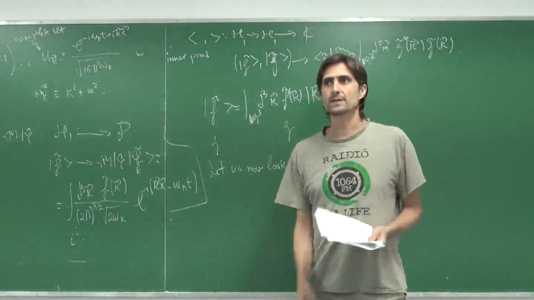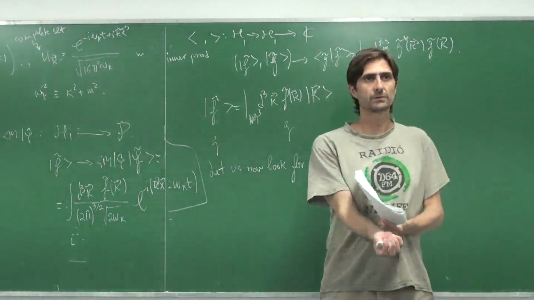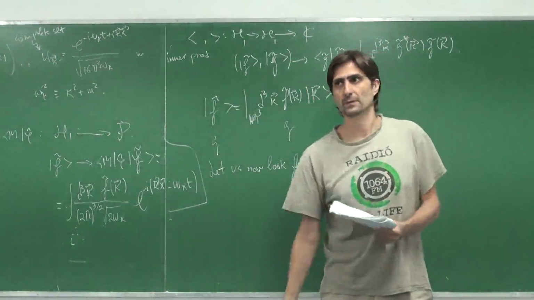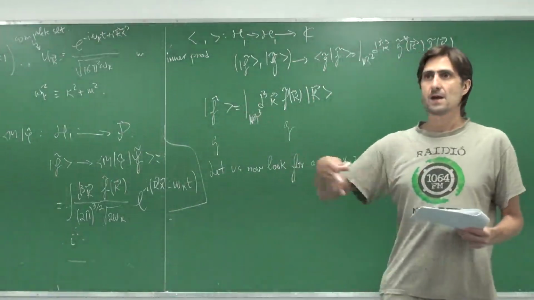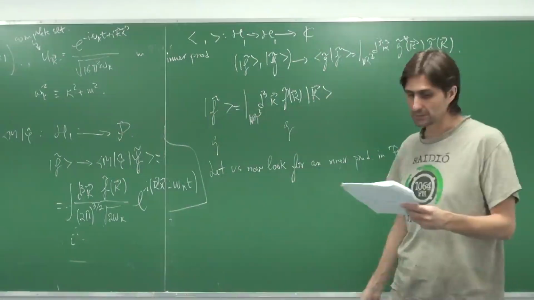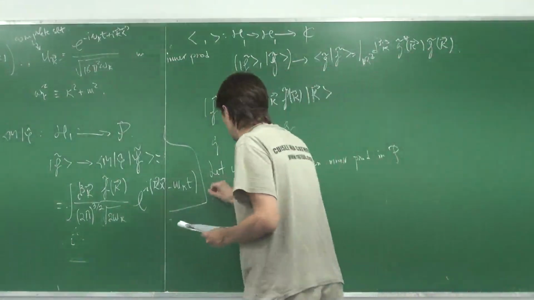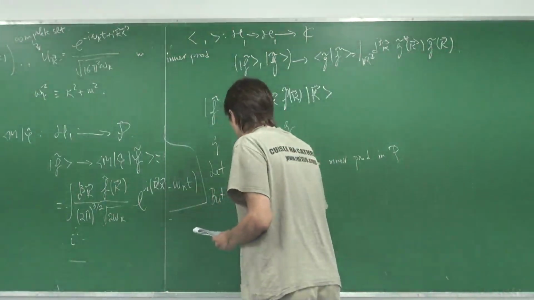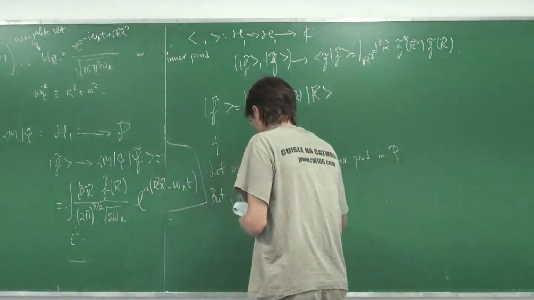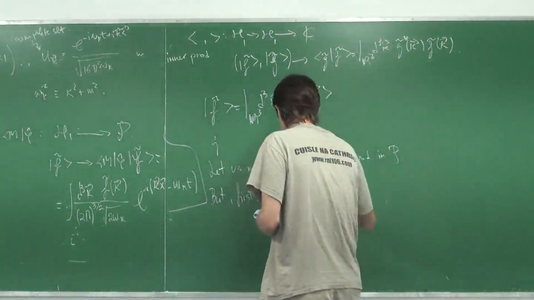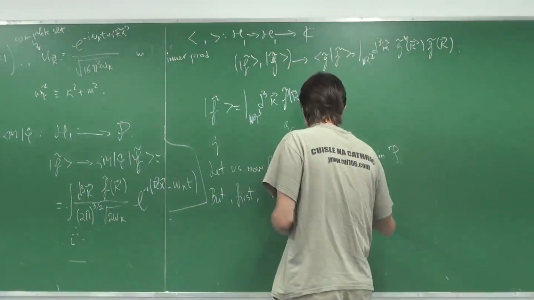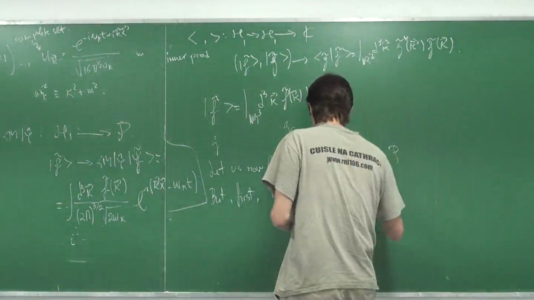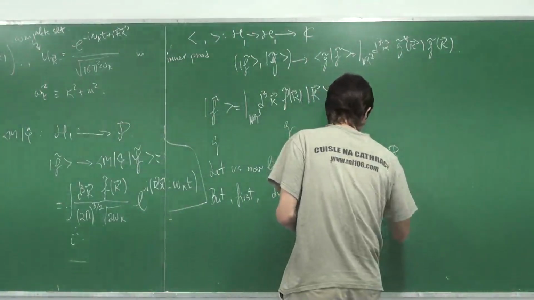Okay, in order to do this, I'm going to define the momentum. We've defined field phi, and field phi has got an associated canonical field momentum.